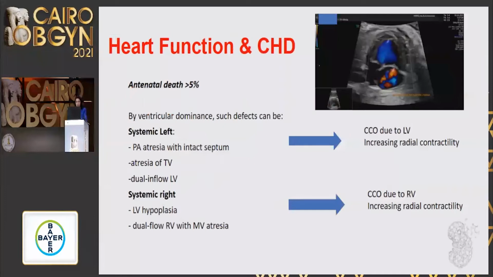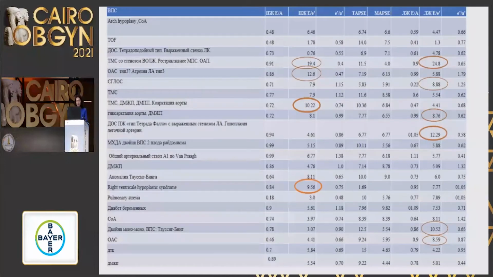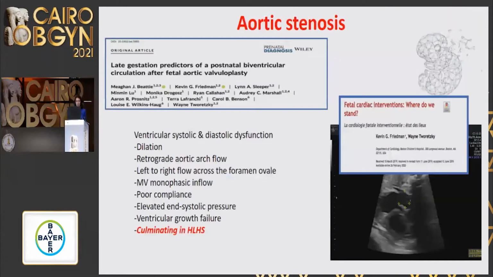As we know, antenatal death in cases with congenital heart disease is very rare, and this is because the ventricle can adapt and redistribute the combined cardiac output with remodeling of the dominant ventricle. In our cases of different congenital heart disease, we also didn't find any changes in diastolic function because the heart is adapted to this.